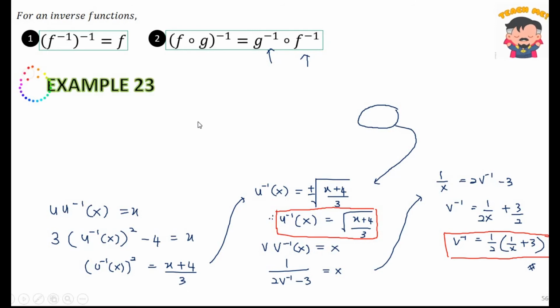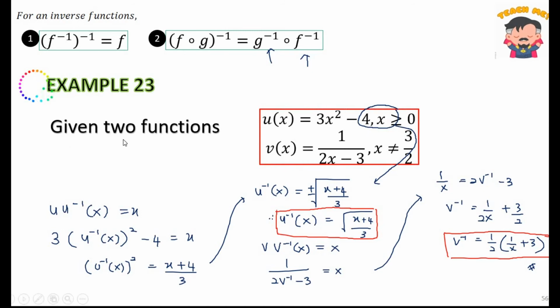For example, you are given two functions. u(x) is equal to 3x squared minus 4, for x greater than or equal to 0, and v(x) is equal to 1 over (2x minus 3), where x is not equal to 3 over 2. You want to find u inverse and v inverse.